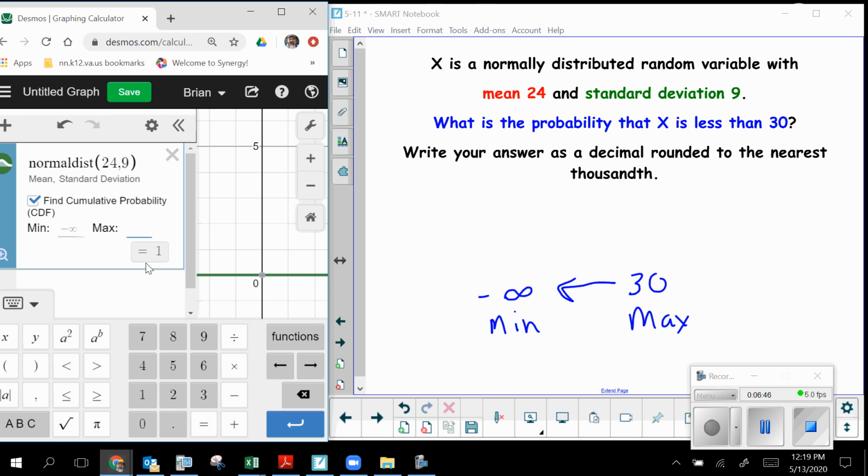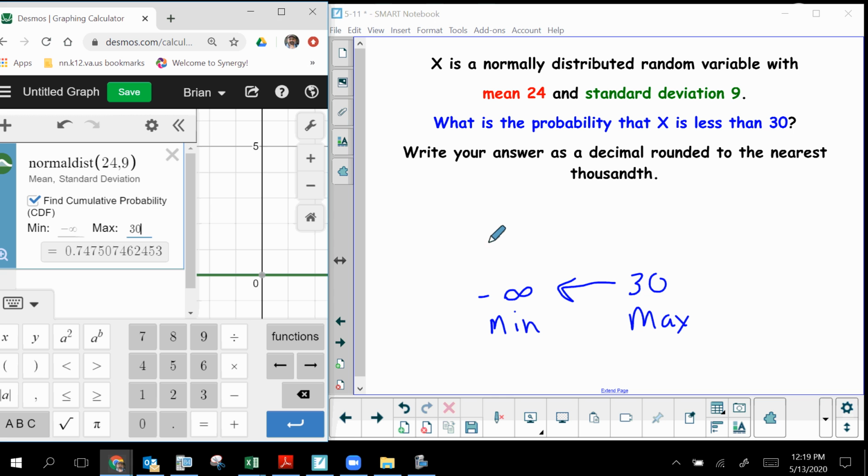It'll automatically change to negative infinity. Enter 30 for your max. And we've got 0.747, and then the 5 would tell us to round that second 7 up to an 8. So over here we would say 0.758 would be the probability rounded to the nearest thousandth.